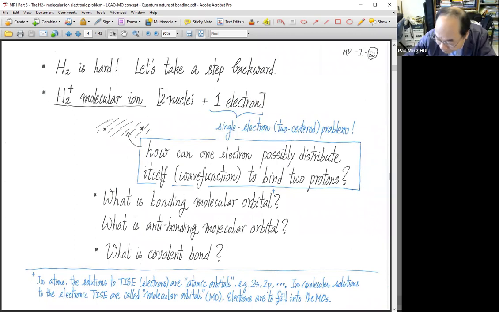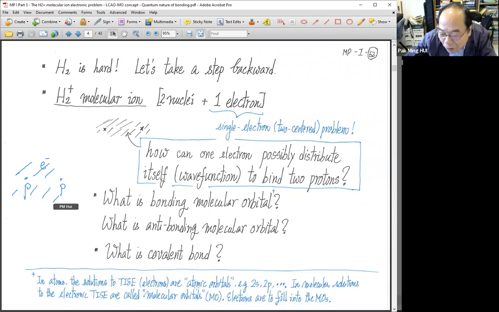Now this is already a problem. Can you imagine? I have two protons. A hydrogen nucleus is one proton. I only have one electron. The question is already rather fascinating.